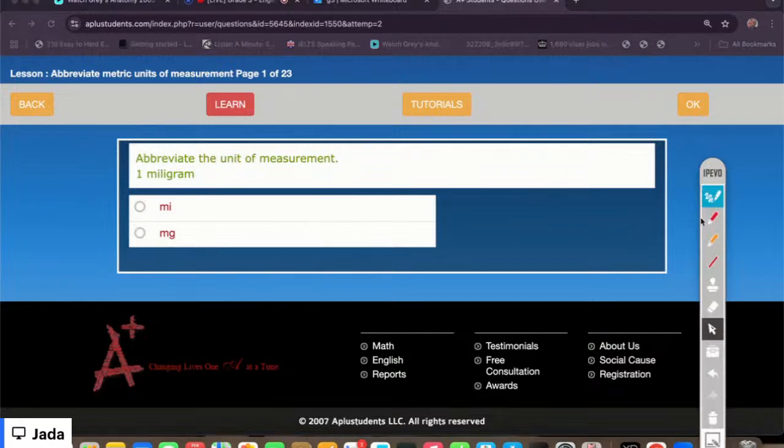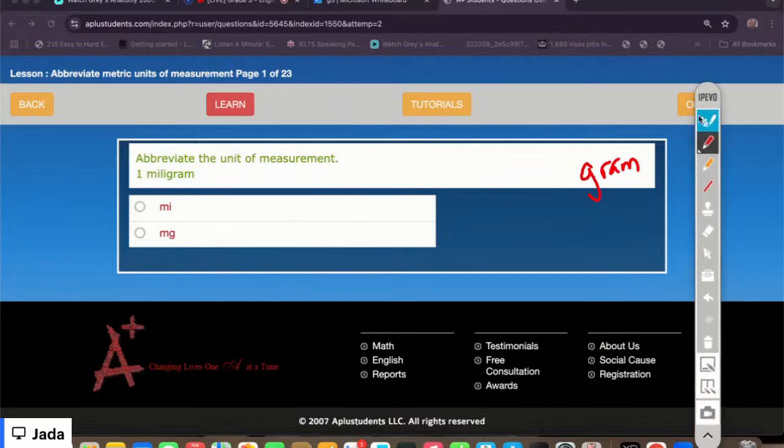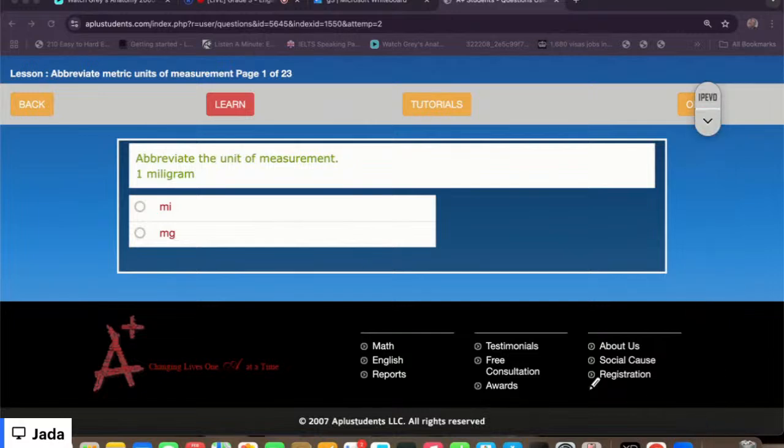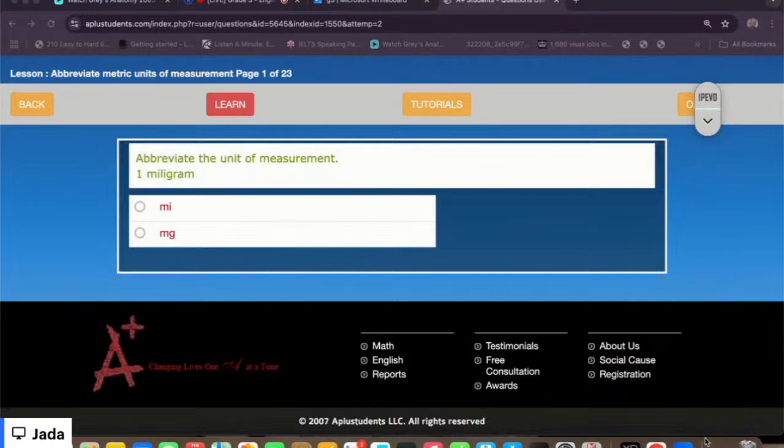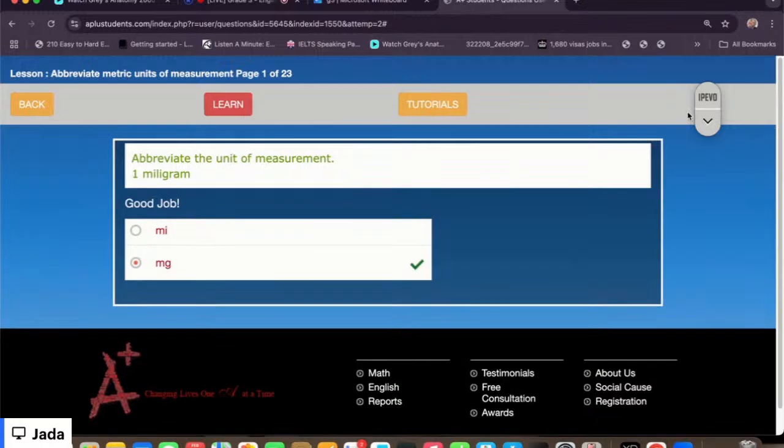G is the gram. If you have G, it's gram. That's G. And M is meters. Okay. So, for this one, we have option 2, which is mg. So, that's milligram. Okay.